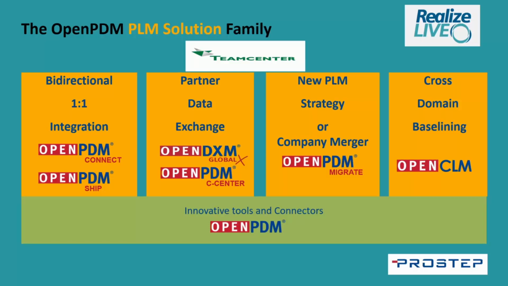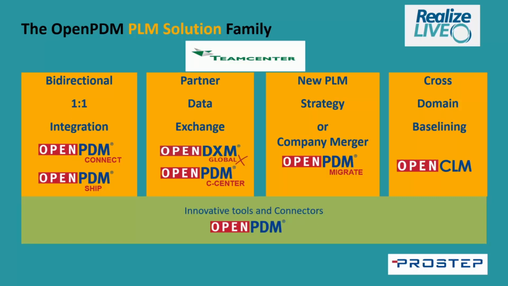And we can also help you using our foundation OPENPDM to migrate to Teamcenter from other systems in the use of at the point where you might have a merger or an acquisition. We can help you with that and get you to a standard Teamcenter implementation.